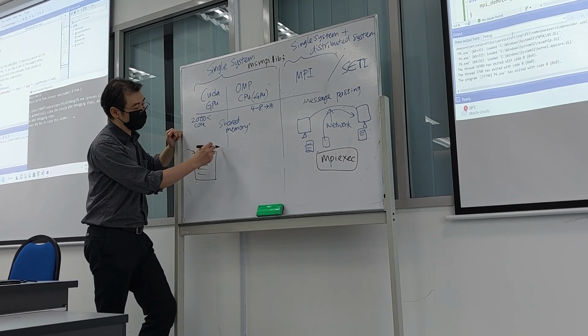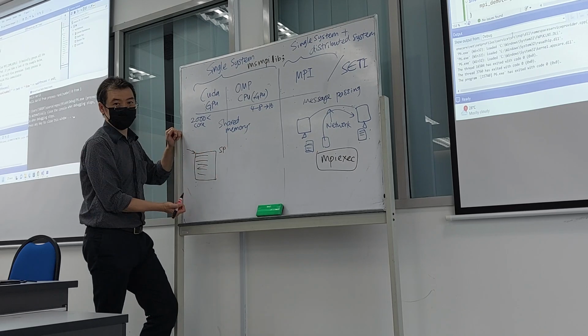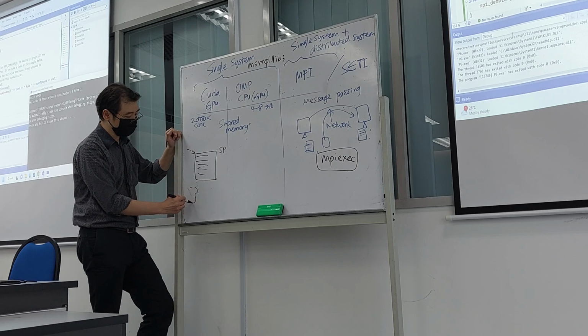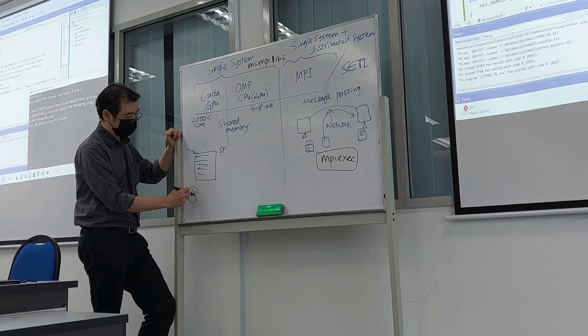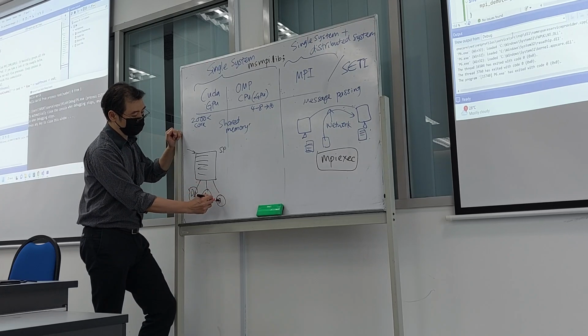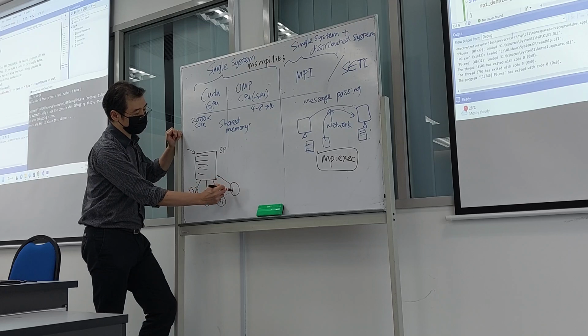So you've got a single program here, but each of these threads is going to process their own data. So data 0, data 1, data 2, and so forth, data n.